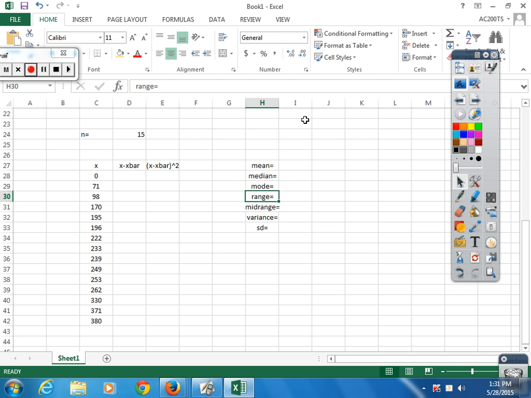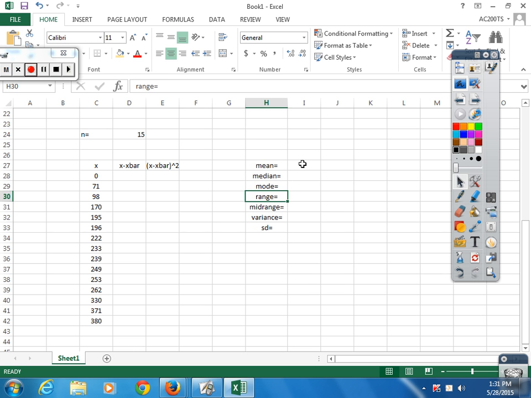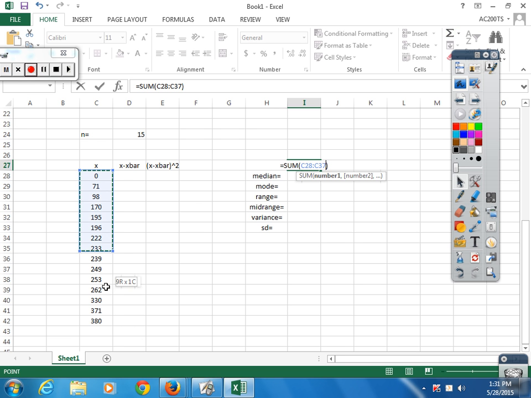Now, before you even get started, what do you have to calculate first? The mean. So that's going to be the summation of these numbers divided by what?